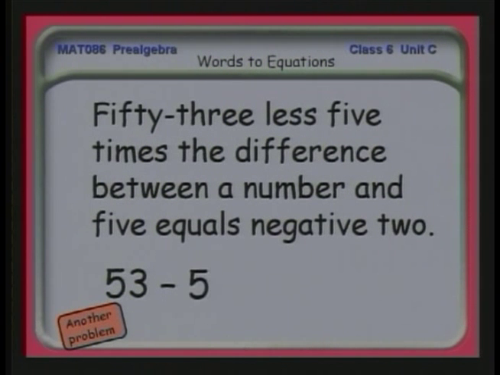So we have 5 times something, and whenever you have 5 times what seems to be some quantity, you're talking about a bracket dealie. So 5 times the difference between a number and 5, the difference again indicating subtraction, equals, very straight translation there, negative 2. There is our equation.